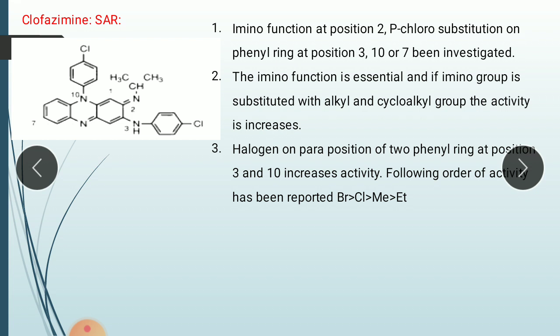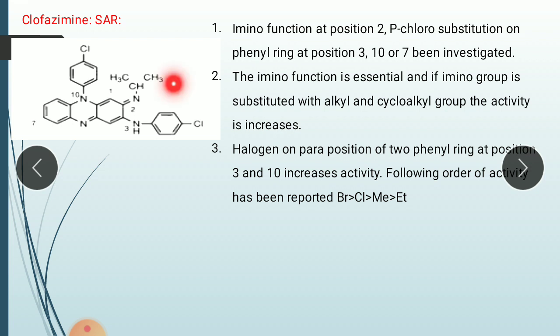Second point, the imino function is essential, and if the amino group is substituted with an alkyl or cycloalkyl group, the activity increases. Here there is an alkyl group on this imino nitrogen, so activity increases. Third point, halogen on the para position of the phenyl rings at position 3 and 10 increases the activity.